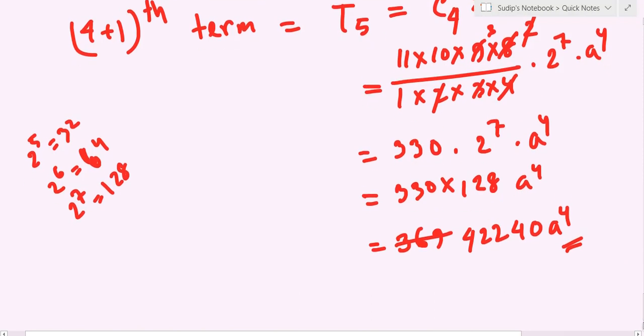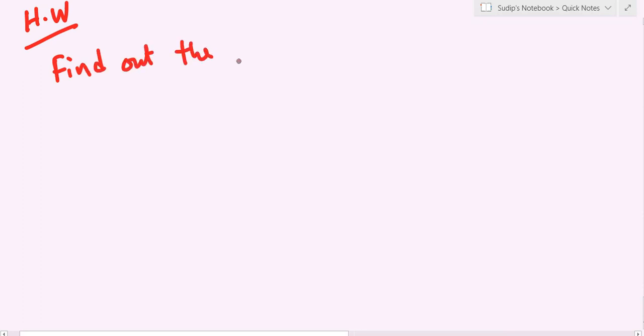Now I hope that all of you can do this homework by yourself. Find the third term of (1 plus x) whole to the power 10.